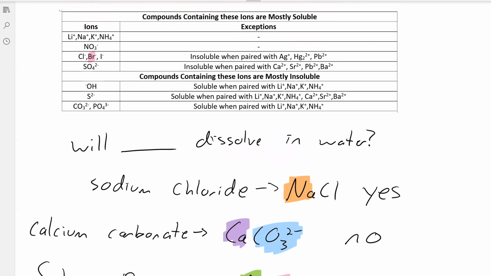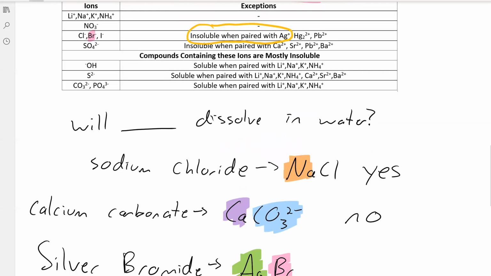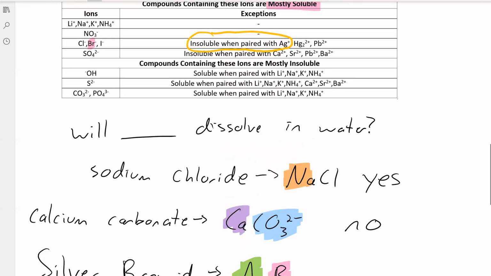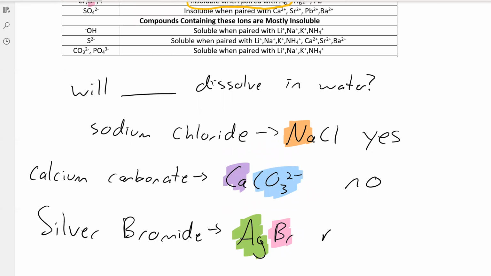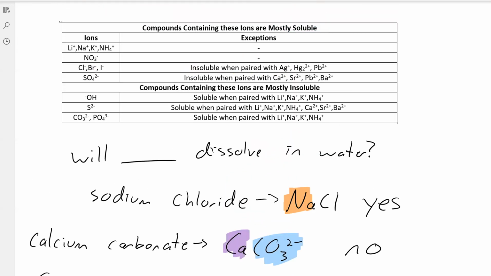We have Br- right there. It's in the mostly soluble side with some exceptions. So then we take a look at our exceptions. It says insoluble when paired with silver, right? So we have it paired with silver here. So in this case, it's going to be insoluble. So will this dissolve in water? No, it will not. Again, I don't expect you to memorize this chart. You're going to be given it, just be able to use it.